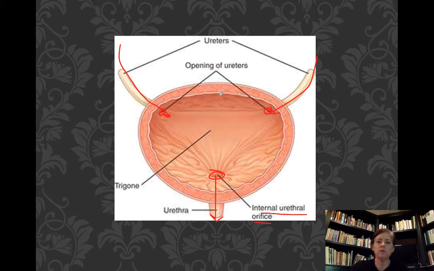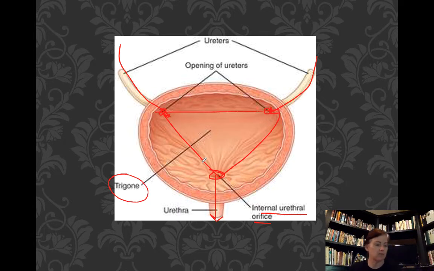Okay, so we do have this interesting structure that's created by these three tubes, and you can see this triangular shaped area here that's formed. Well, we call that the trigone, and that's kind of interesting.